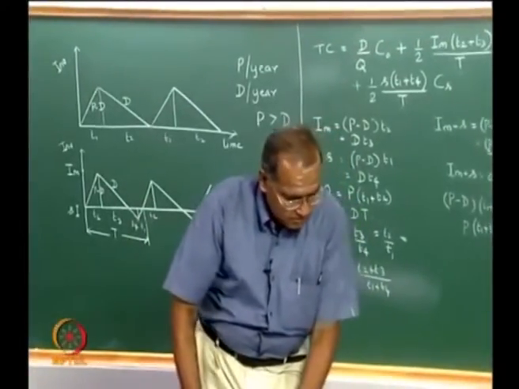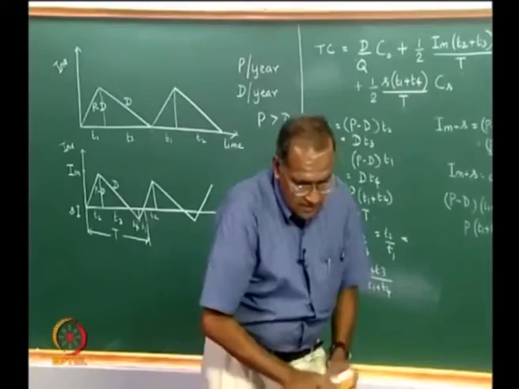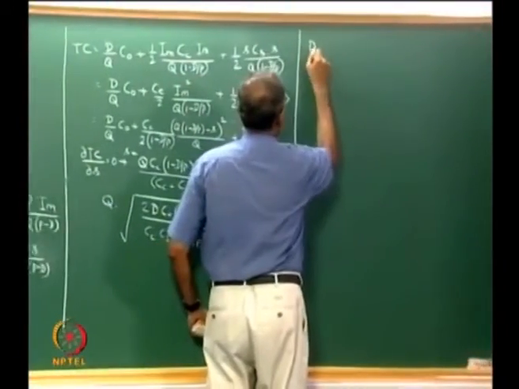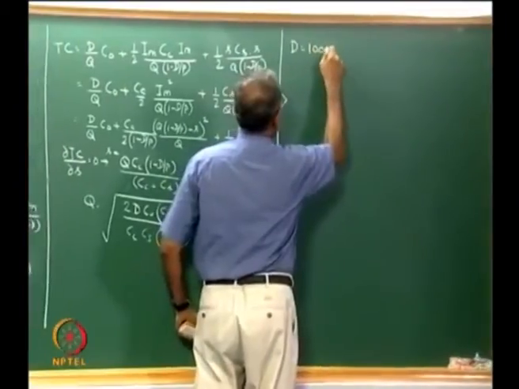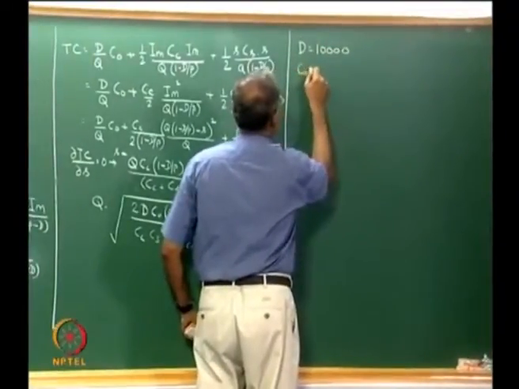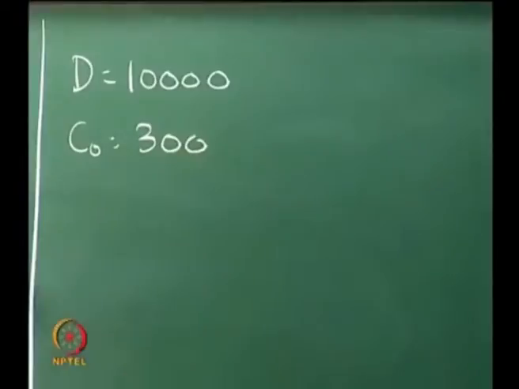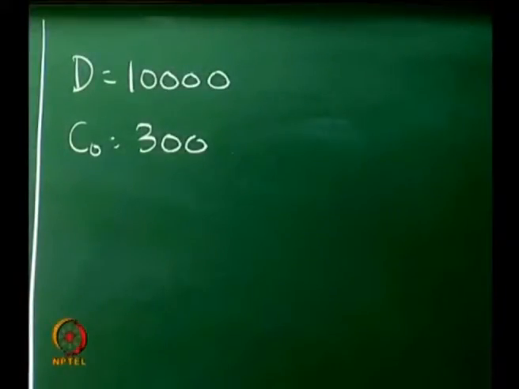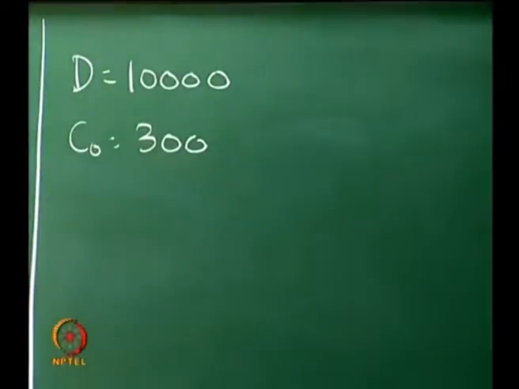So, we consider D equal to 10,000, C naught is equal to 300, Cc equal to 4 and P equal to 20,000.